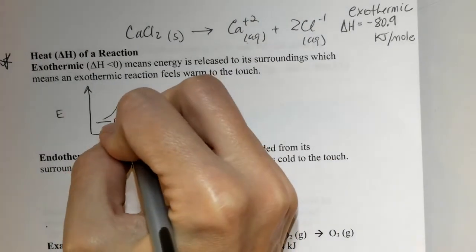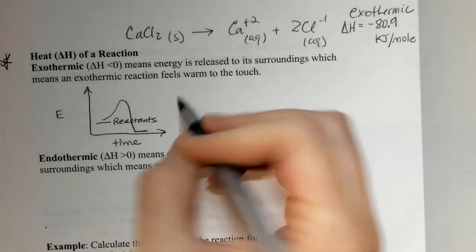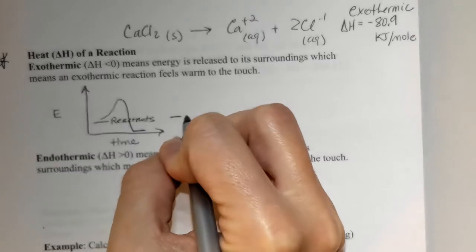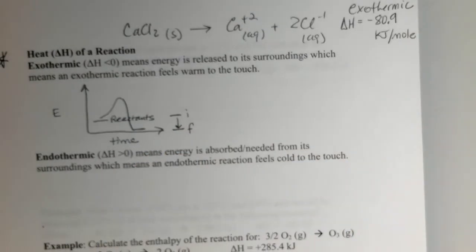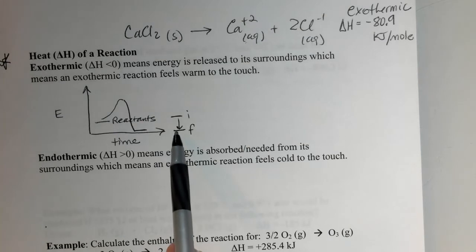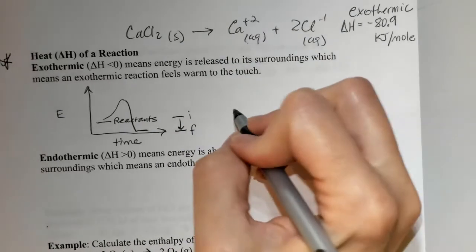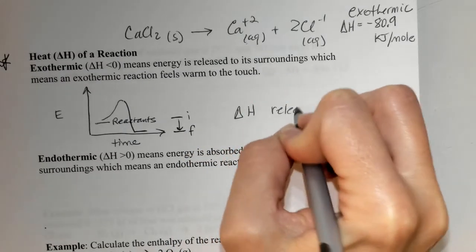And then as you form new bonds, energy is released. And basically, depending on where you start, initial, versus where you end up, final, overall, that'll tell you whether you have an endothermic or exothermic process. Because where you end up in energy is lower than where you started, net, overall, you have a release of energy.